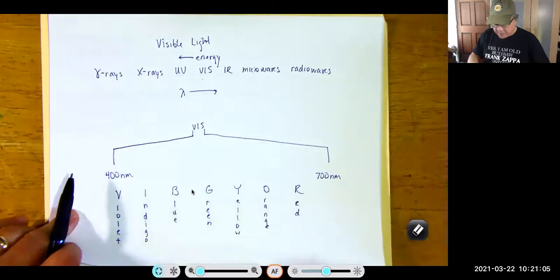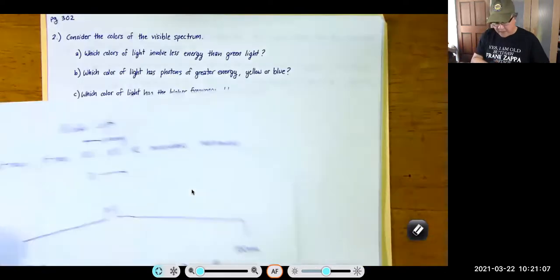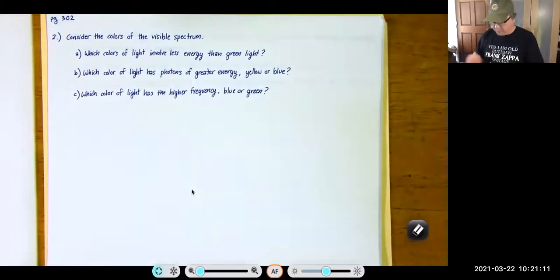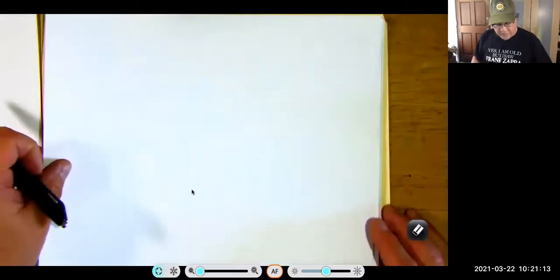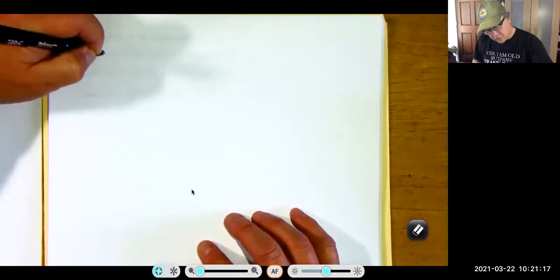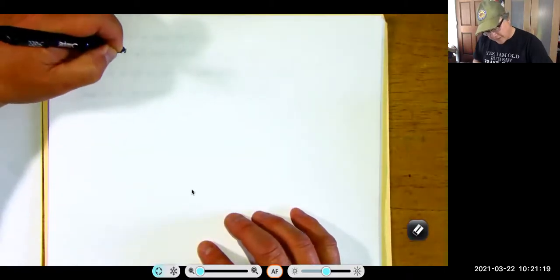So another thing that we can say about light is that there are two models of light. So two prevailing models of light.